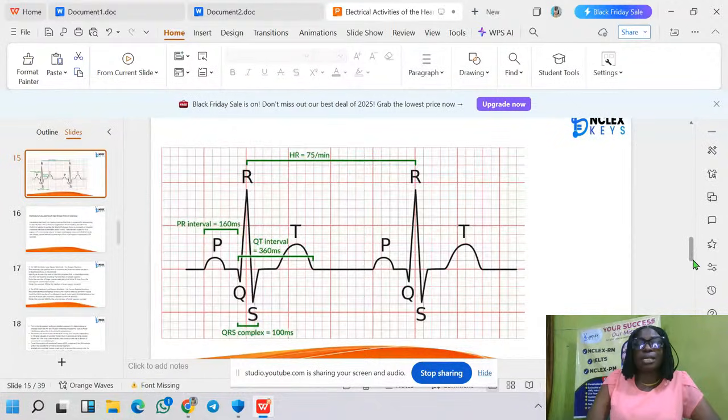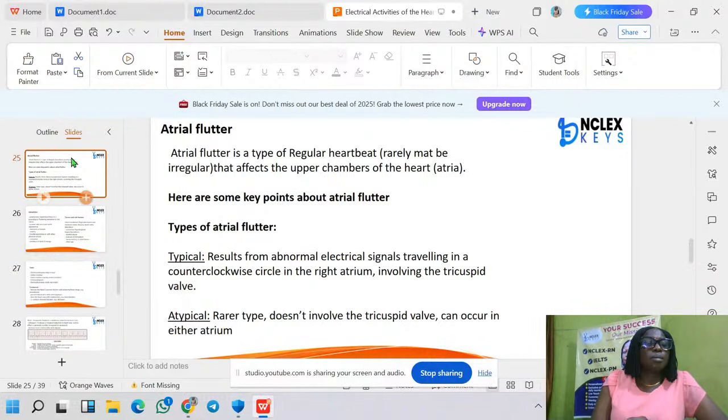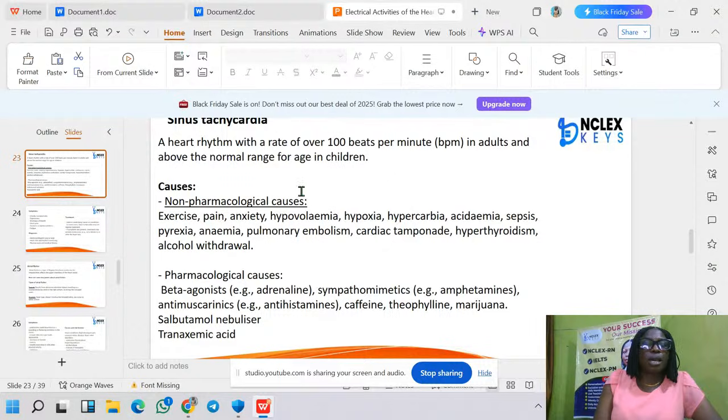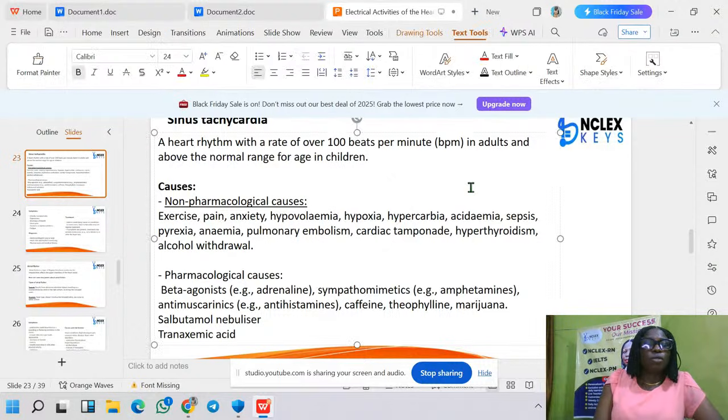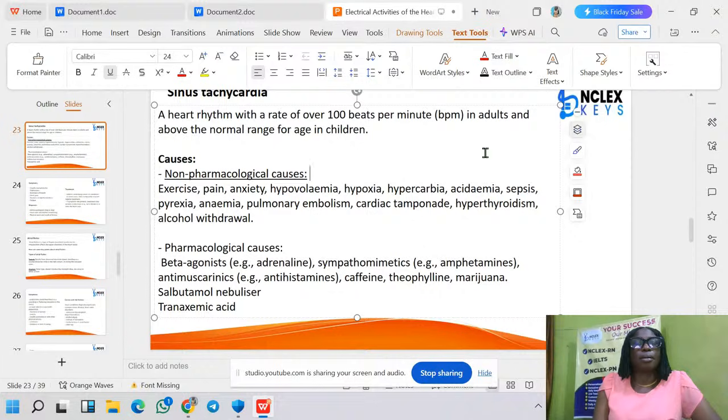Sinus tachycardia simply means that even though the pacemaker is the one initiating the impulse, the patient's pulse is very high. That's sinus tachycardia for you.